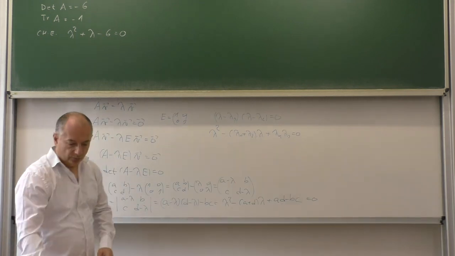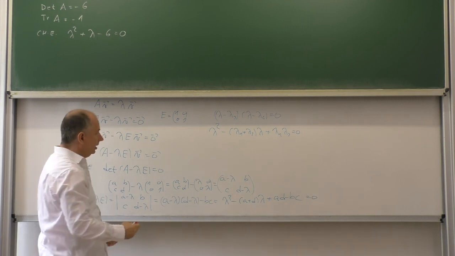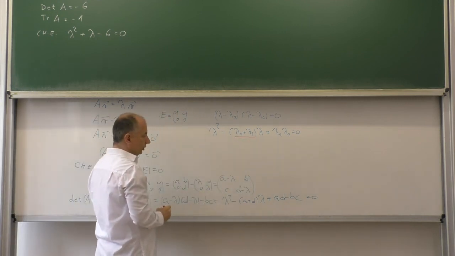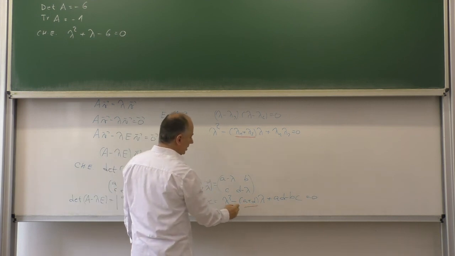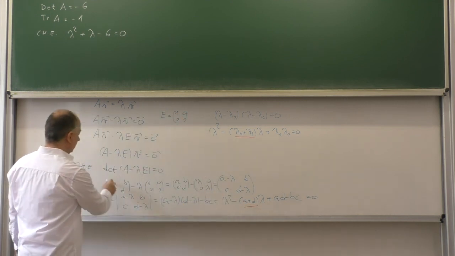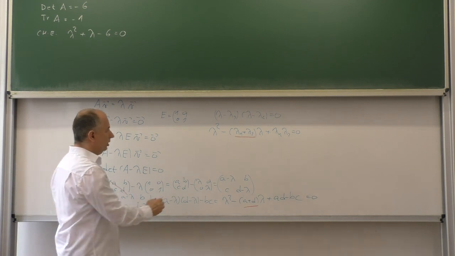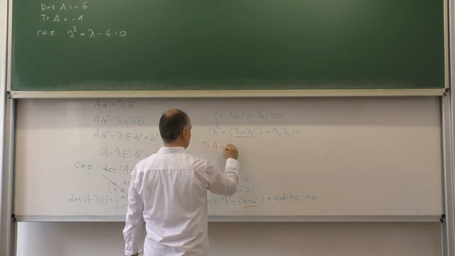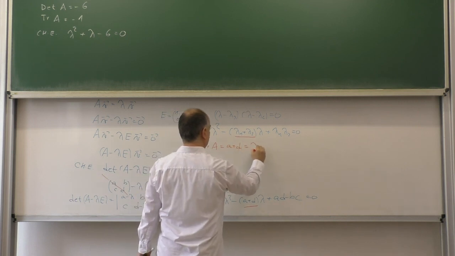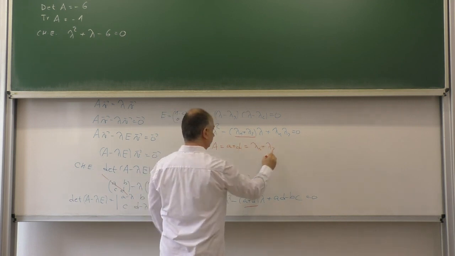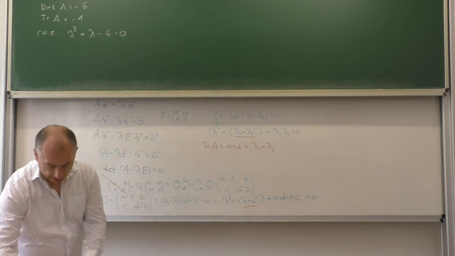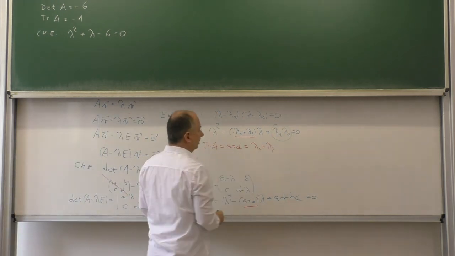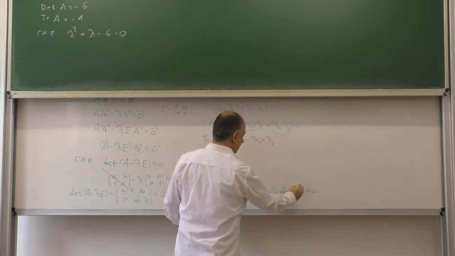Now, if we compare these two results, then we see that sum of the roots is equal to sum of the elements on the main diagonal, which is called trace. And the absolute term is the product of the roots, which is the determinant.